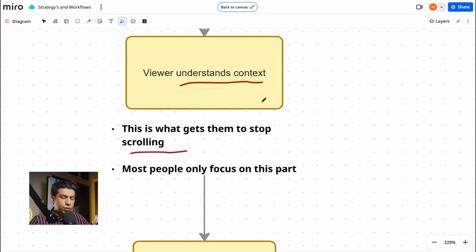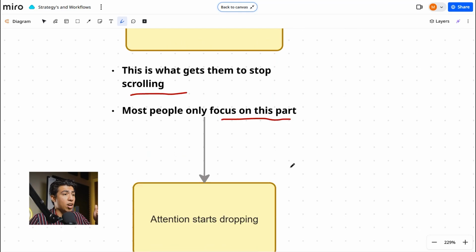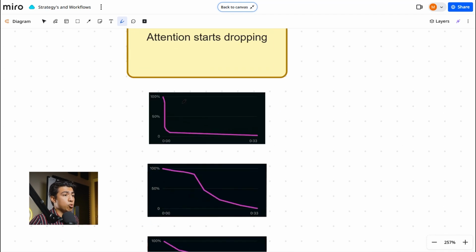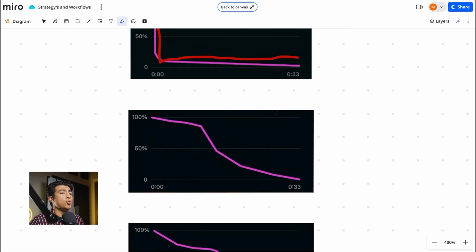Now, the problem with this is that most people only focus on this part. Now, it is important that you actually focus on the hook first, which is crucial to avoid people dropping off right away and then you getting no engagement after that. But if you don't include repeated reasons why they should continue watching, then you're going to get something like this, where people are engaged throughout the hook, but then you don't convince them of why they should stay, so they drop off midway through, in the beginning, or even right after the hook.